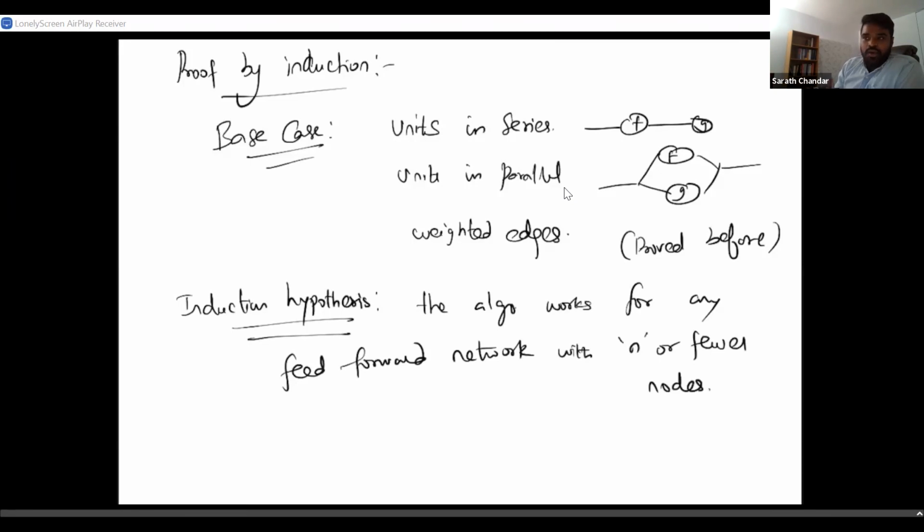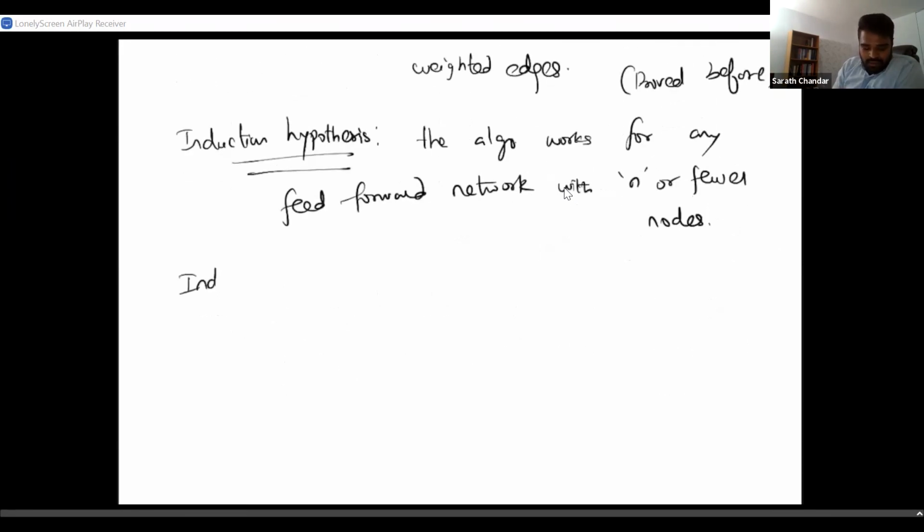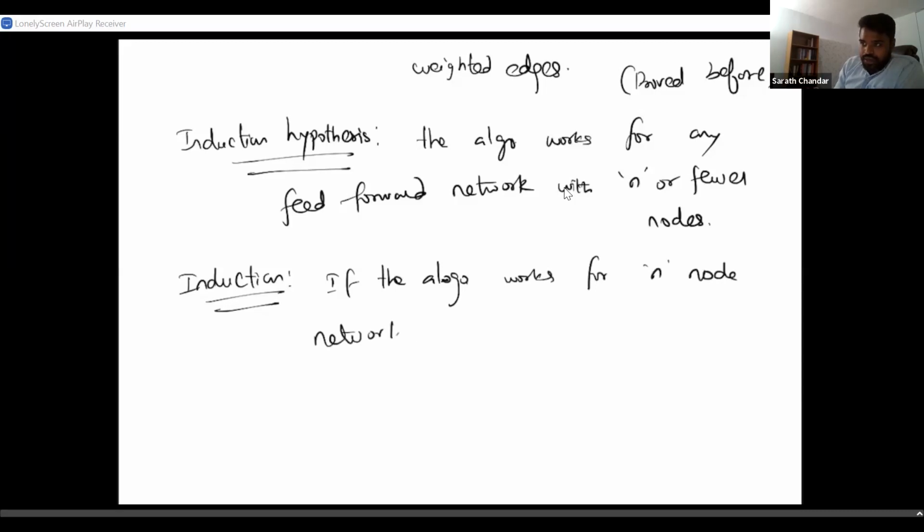Now the classic induction step is, if the algorithm works for an n node network, then it will also work for an n plus 1 node network.